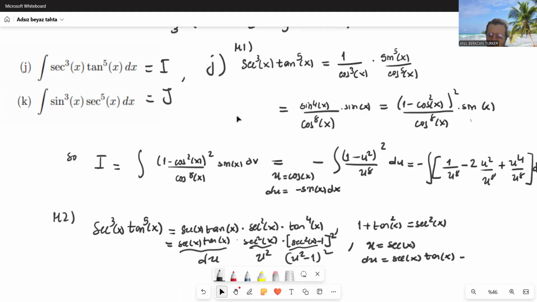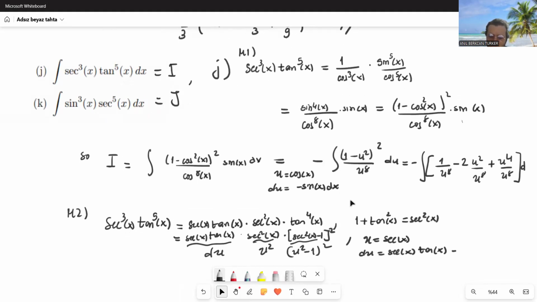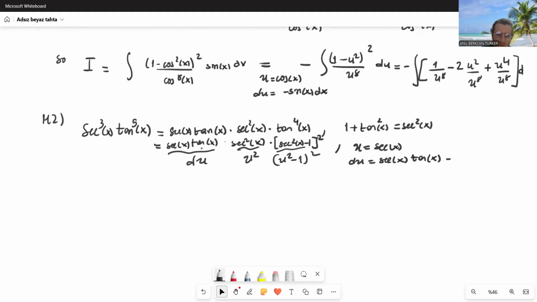So let me also show you how to take the integral. So your integral is now u square minus 1 squared du. If you expand it, it's a polynomial.